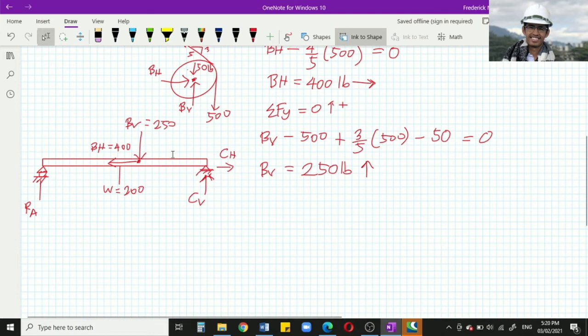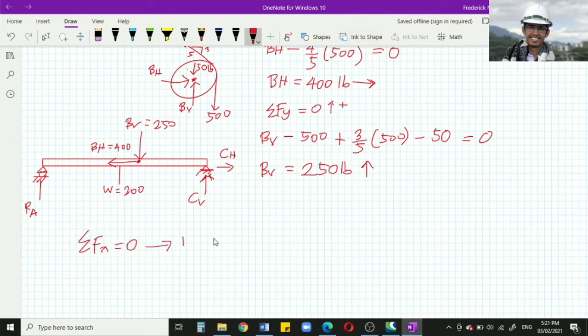So, madali na nating makukuha yung C horizontal natin. Magsa-summation forces along X lang tayo. So, summation forces X is equal to 0. Going to the right, positive. So, negative 400 plus CH is equal to 0. So, therefore, yung CH natin or C horizontal natin will be 400 pounds.